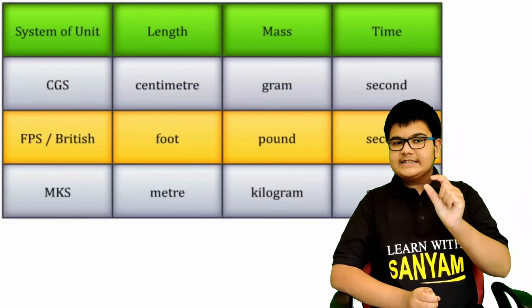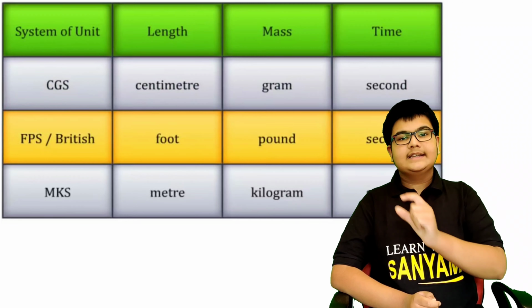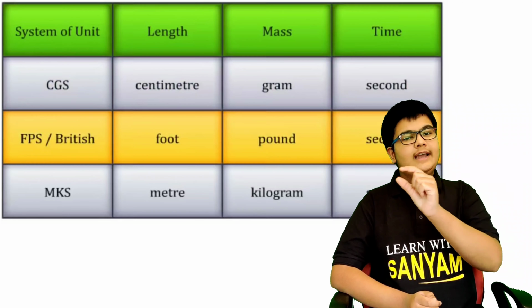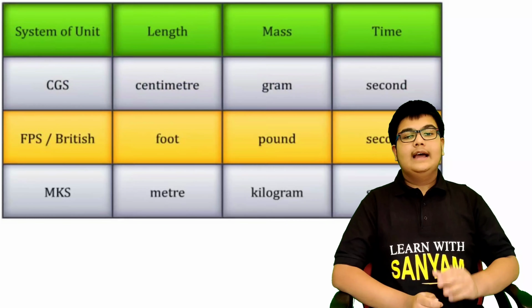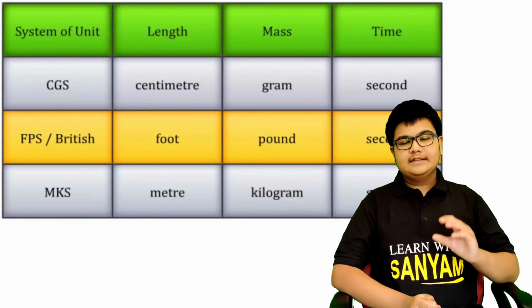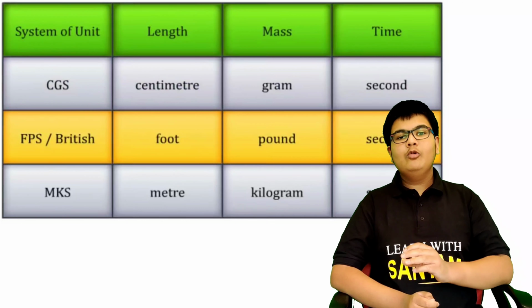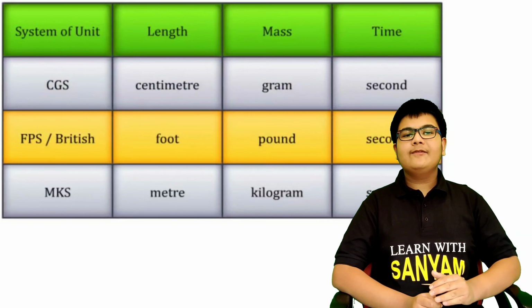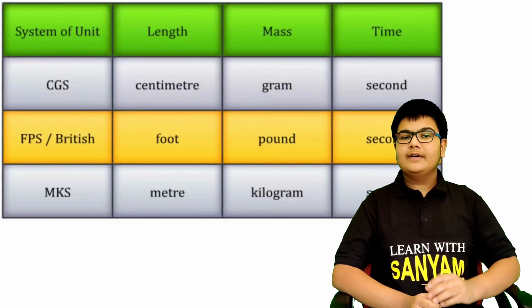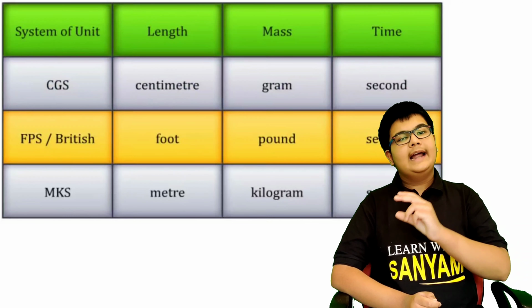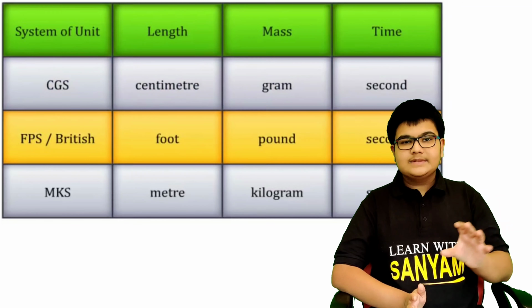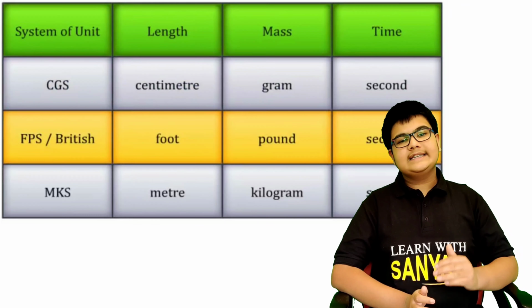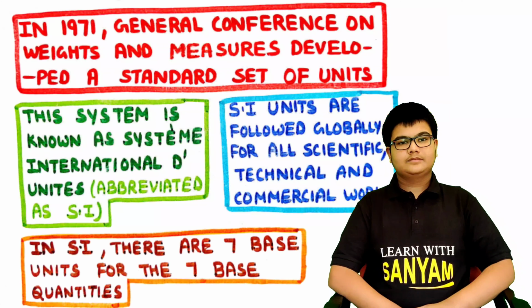If we take the first letter of all these 3 units, we get CGS. That's how the name was formed. Now for the FPS system, the standard units were foot, pound and second. Similarly, for the MKS system, the units were meter, kilogram and second. But scientists thought that using so many systems would be very difficult. So let's see what was the solution to this problem.